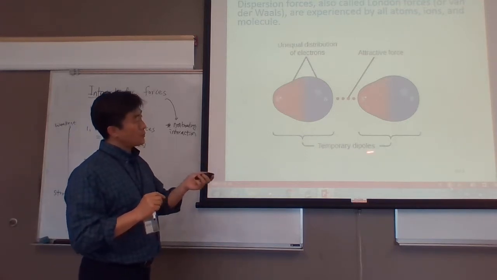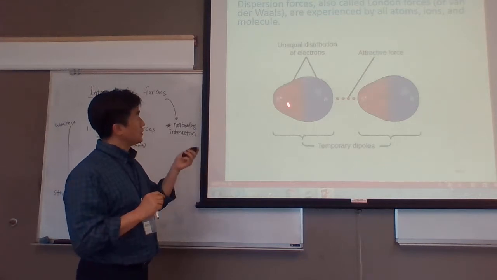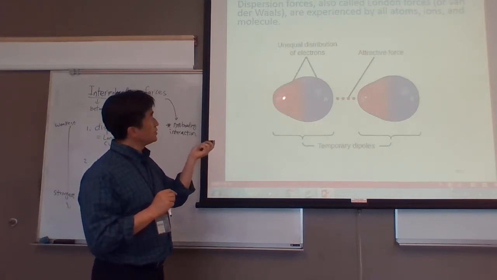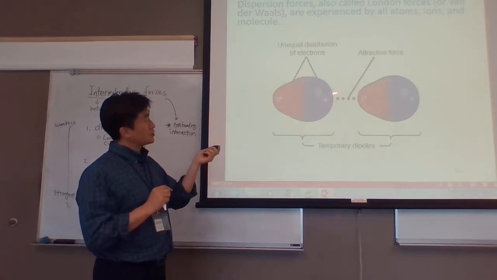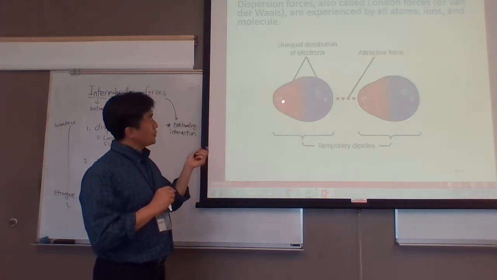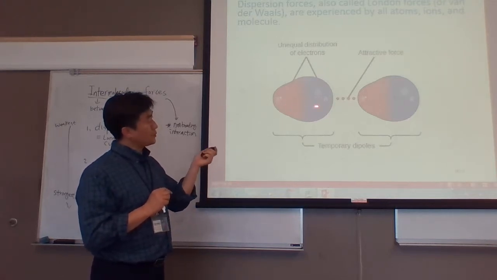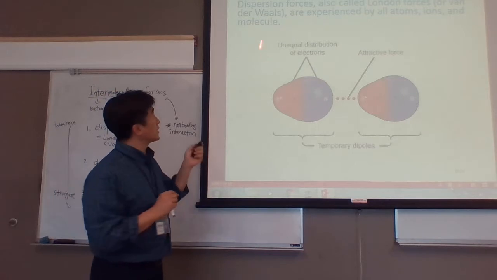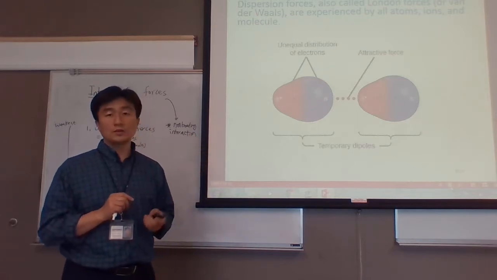They induce a temporary dipole. This shows an electron-deficient area with a temporary positive charge, and this electron-rich area has a negative charge. So they make a temporary dipole and have an attractive force, called dispersion force or London force.